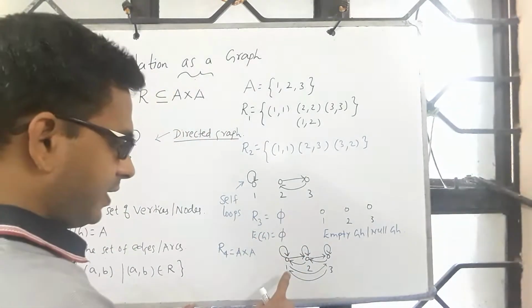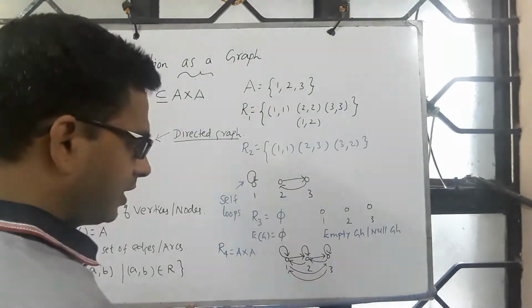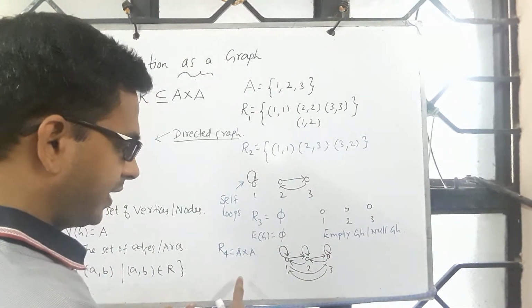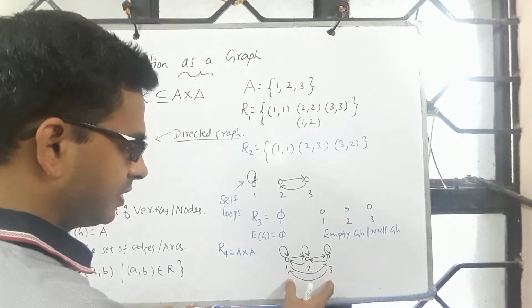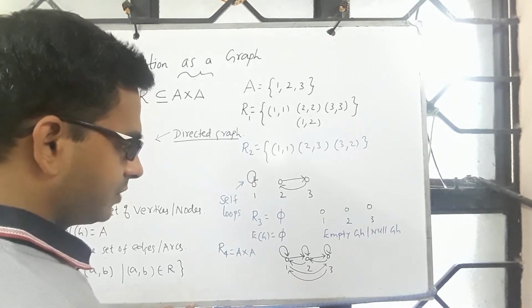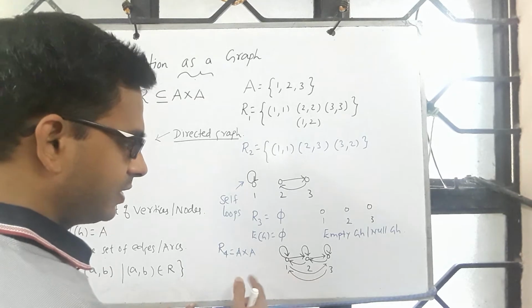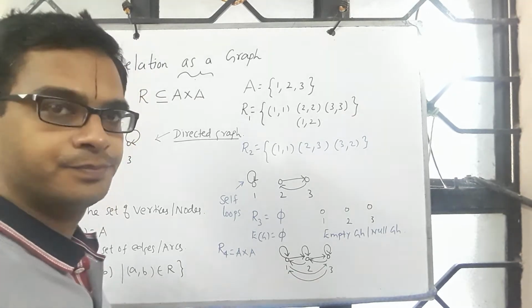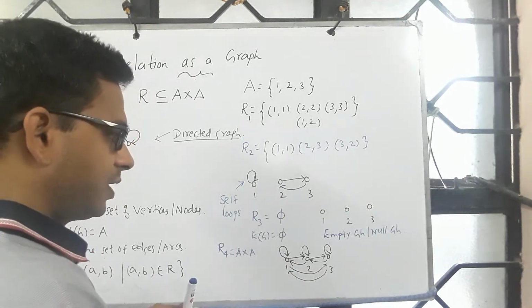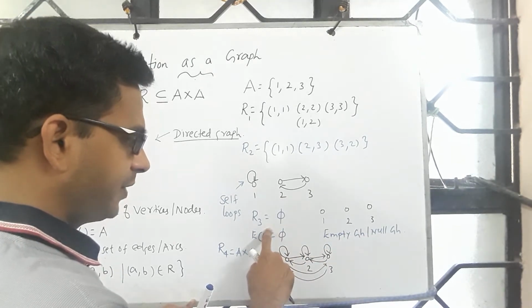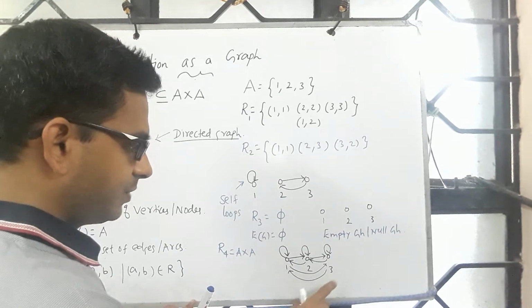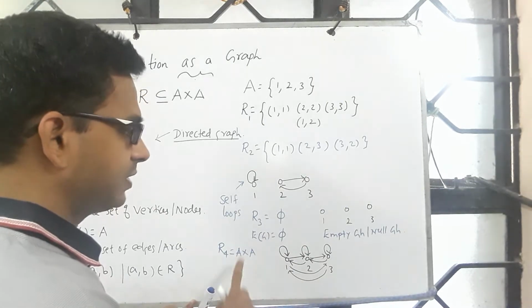So here is a graph containing the maximum number of edges on 3 vertices, and that is equivalent to saying the underlying relation is precisely A cross A. The one which has the least number of edges has an empty underlying relation. The one that has the maximum number of edges has underlying relation A cross A.